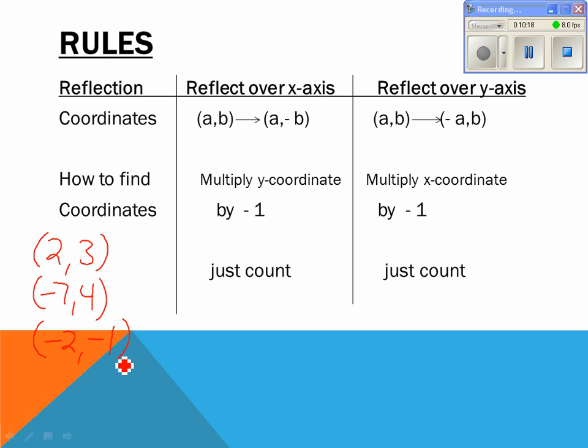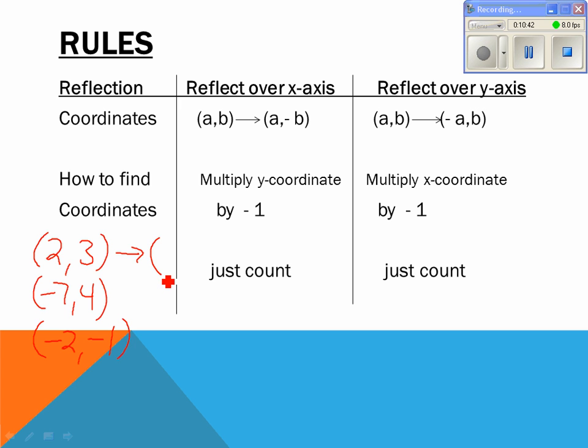No. All right? And what you can do if you want to reflect it over the x-axis is just use this rule right here. In the rule, all that happens, we go from (a, b), this is your x, that's your y, and it switches to (a, -b), the opposite of b. So what's this new one going to be?